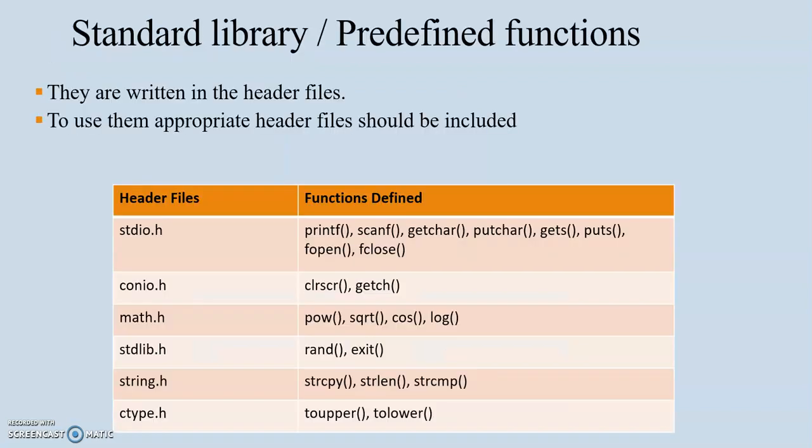To understand the predefined functions, or the standard functions, and the user-defined functions, let's go through a few examples. Predefined functions are written in the header files. To use them, appropriate header files should be included.